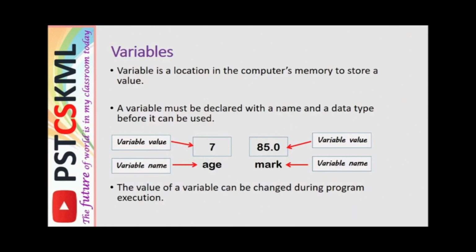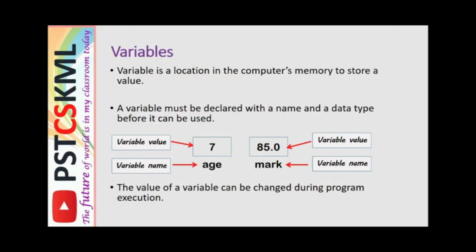Okay, next, what are variables? A variable is a location in the computer's memory to store a value. A variable must be declared with a name and a data type before it can be used. For example, here we have variables age and mark.